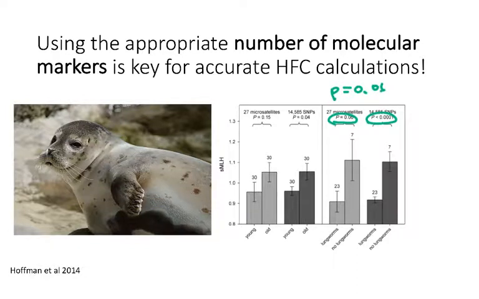So basically the correlation between heterozygosity and fitness was not significant, but when they used roughly 1,500 SNPs, they found the significance value was much smaller and was significant. So it's important to think about what type of markers we're using, how many markers we're using. Sometimes using more SNPs can lead to more accurate calculations and therefore more accurate estimates of whether inbreeding depression is happening.